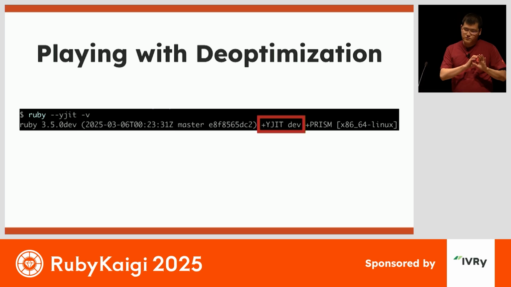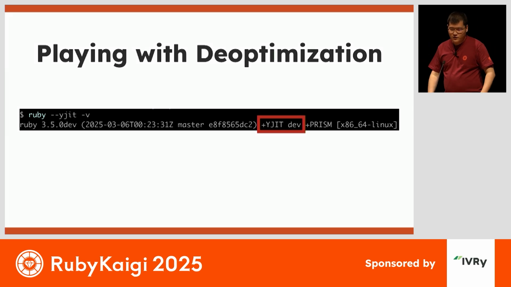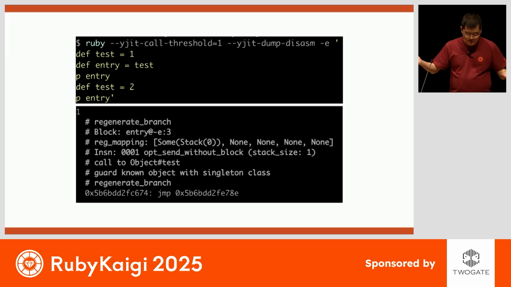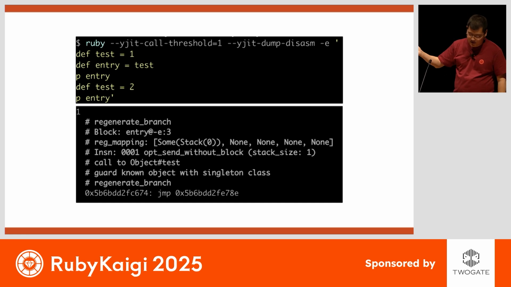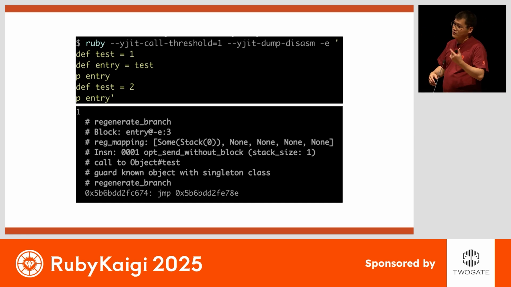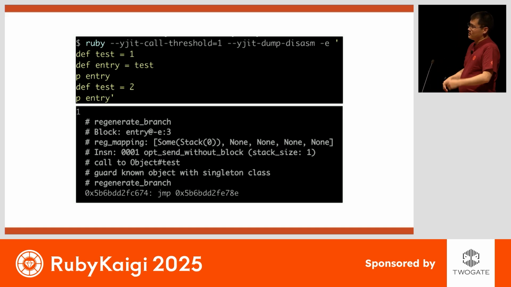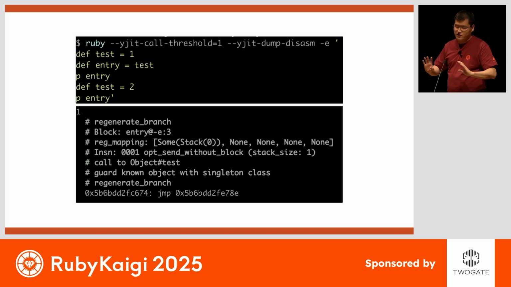It's usually just +YJIT, but if it's +YJIT dev, it means it's the development mode of YJIT, so you can show the machine code with a dump option. The example is like this. I'm going to talk about similar code in the next slides, but we just define a method, call it, and redefine it, and then show the machine code that was generated for deoptimization purposes.